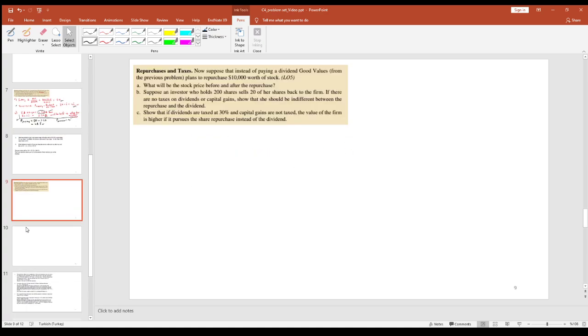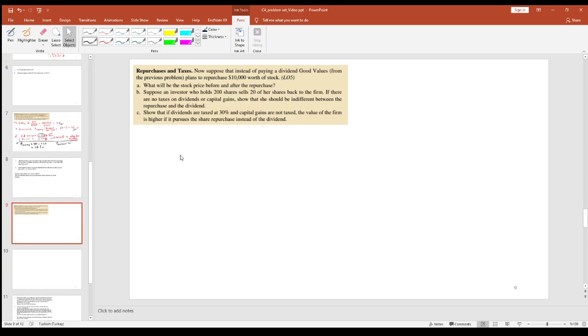Okay, so our last problem is about repurchases and taxes. What is repurchase? Simply speaking, firms from time to time may buy back their own shares from the market.